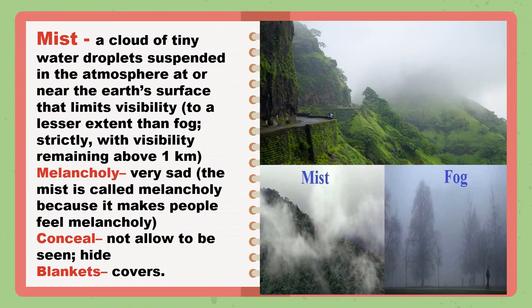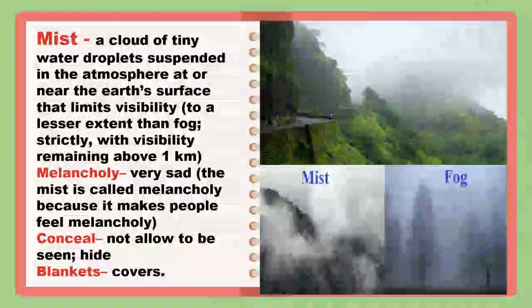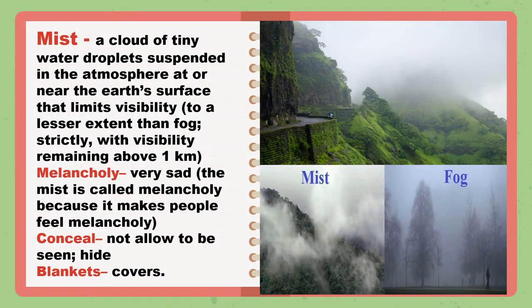And if you look at the difference between the mist and the fog, which is more visible and which is less visible? If you look at the left picture, it's all about mist. The visibility is less, whereas in fog we can see up to more than 1 kilometer.